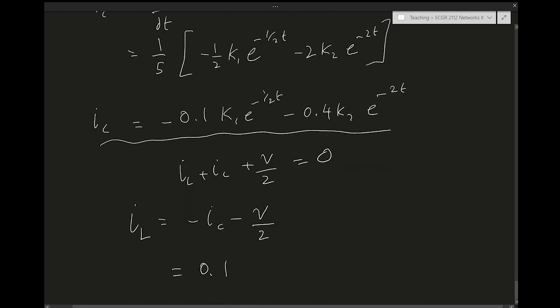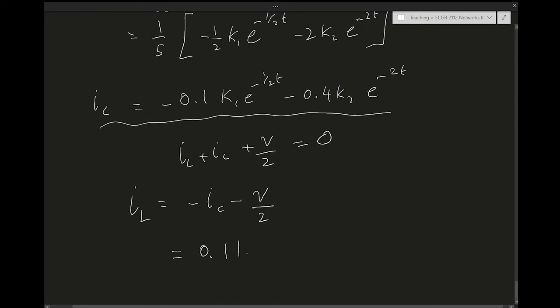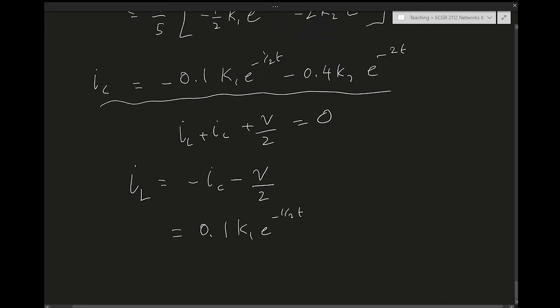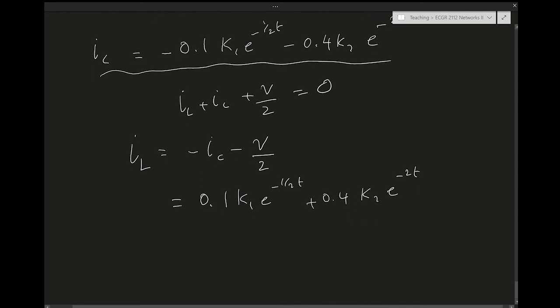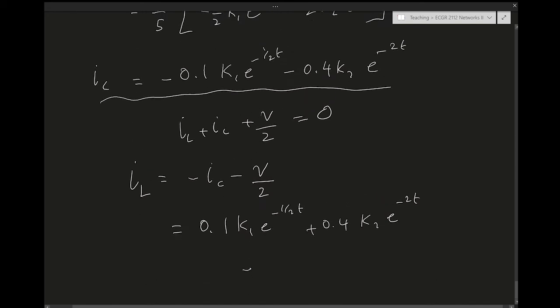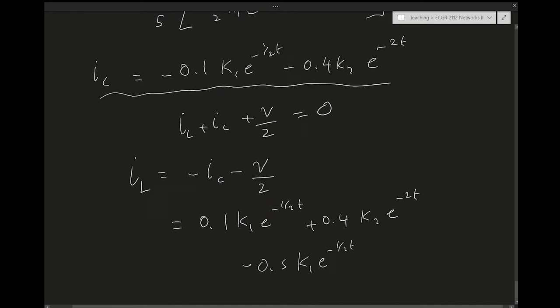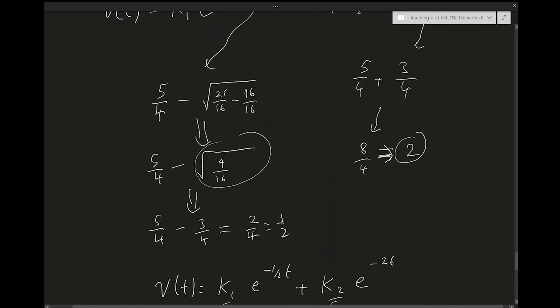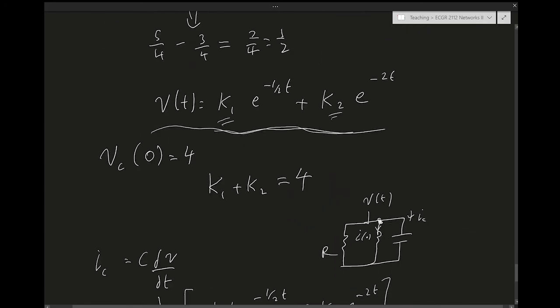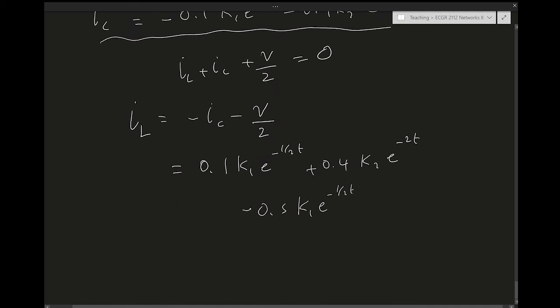All right. So minus IC is going to be 0.1 K1 e^(-t/2) plus 0.4 K2 e^(-2t), and then minus V over 2, which is minus half. V is K1 e^(-t/2), right? So we calculated V here. We just have a factor of half, minus half K2 e^(-2t).